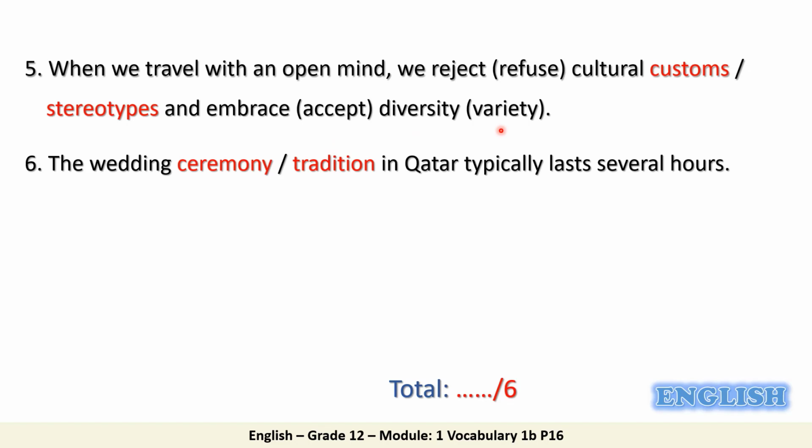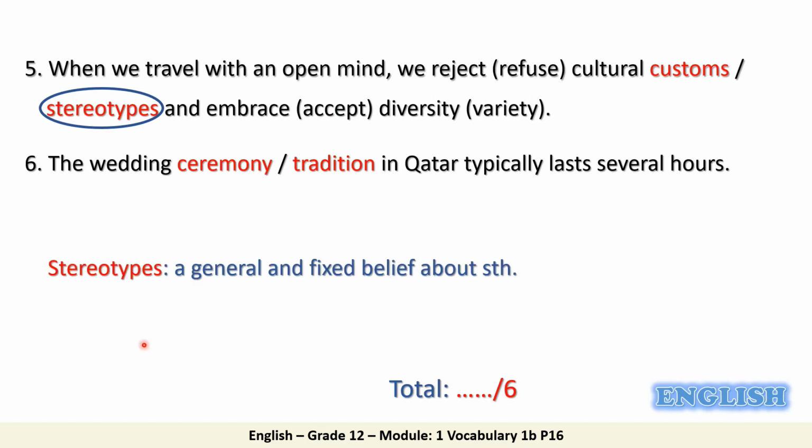Diversity means variety. So when you travel abroad with an open mind, you refuse what? What's your answer, please? You refuse cultural stereotypes. That's excellent. Why? Because stereotypes means a general and fixed belief about something. So because you have an open mind, you reject fixed beliefs about the others' cultures and traditions.